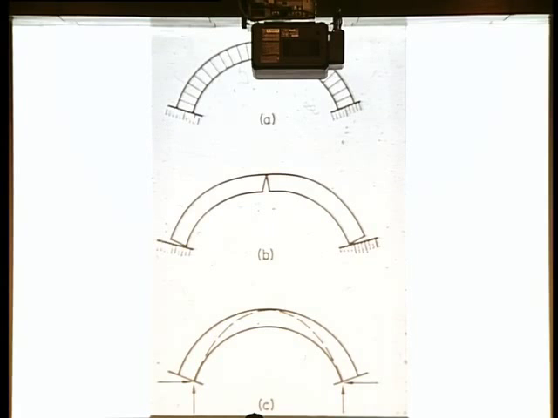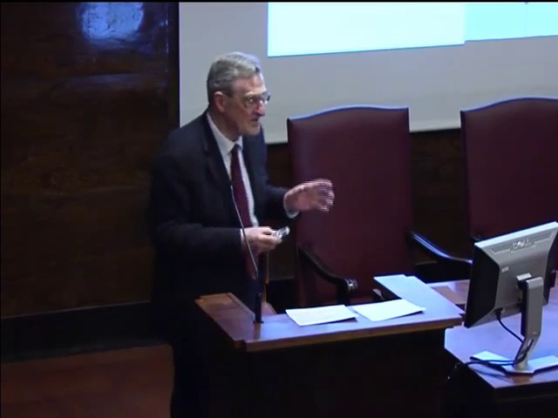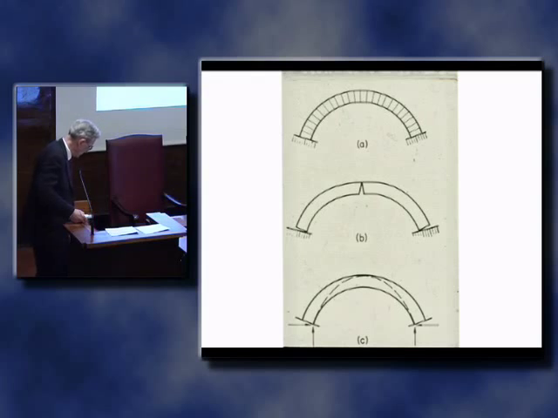When you've completed the arch, you can take the centering away, and immediately the arch must experience that thrust that we were talking about. And it starts pushing against the riverbanks, and the riverbanks give way slightly. And here we get the characteristic behavior of masonry, which all workers really assume now, that we have a material which is incapable of taking tension.